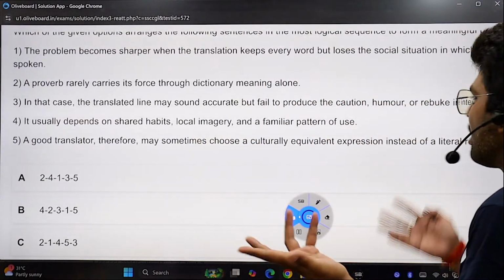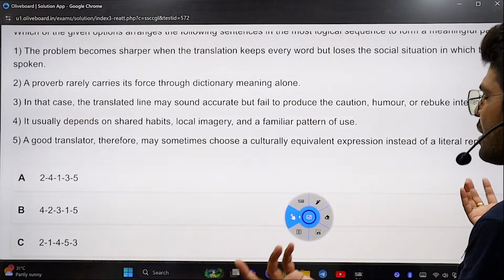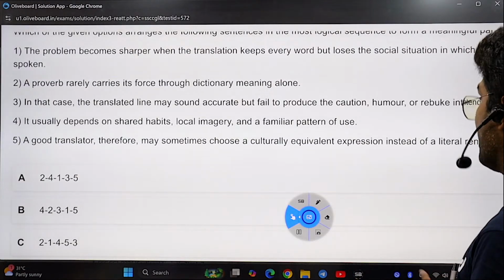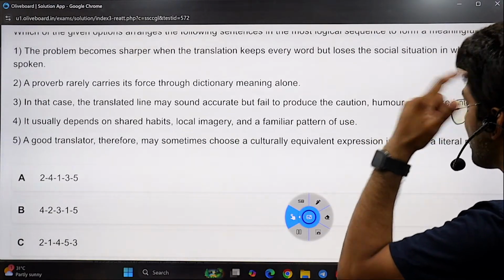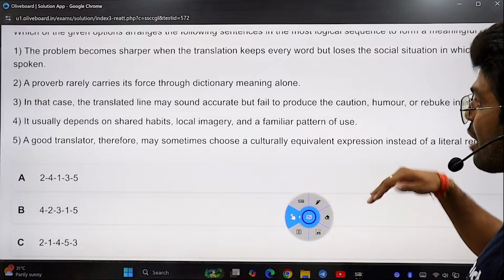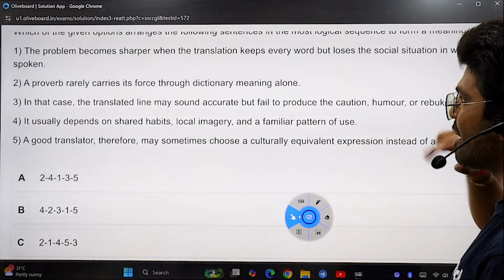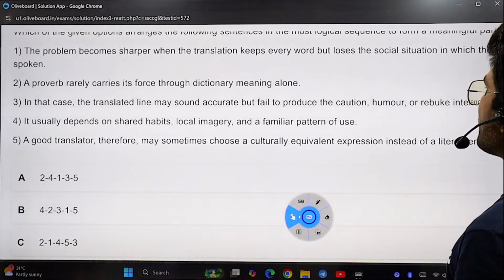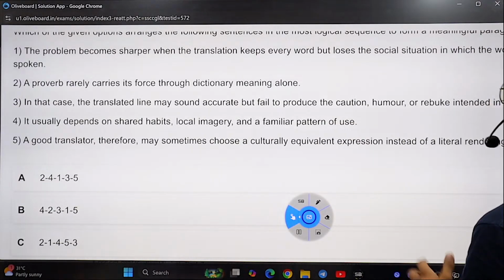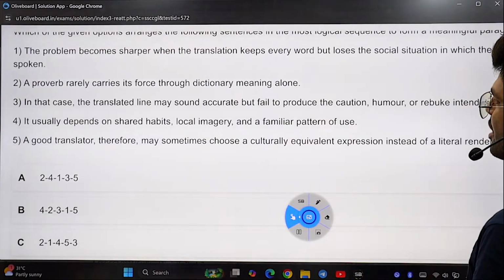A proverb doesn't carry its force through the dictionary meaning alone. It depends on shared habits, logic, or local imagery, familiar patterns of use. That's how a proverb is used. Not just the words can define it. The problem becomes sharper when the translation keeps every word but loses the situation in which the words are spoken.